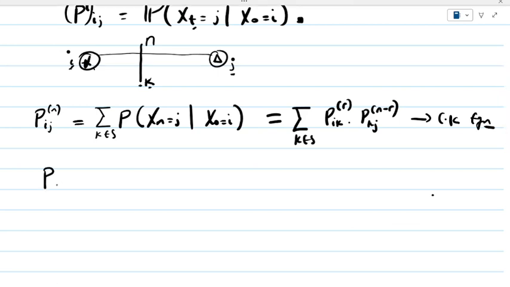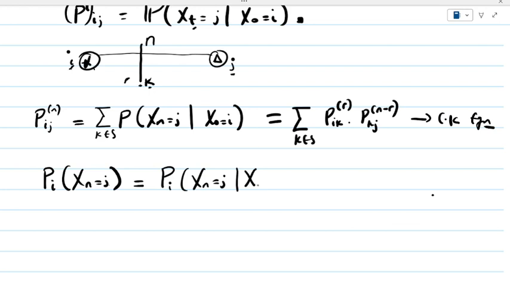We had the probability of moving from state I to state J over n steps. So we can partition it as the probability of moving from state I to state J, given that our movement is from state I to k, so we take that as r.